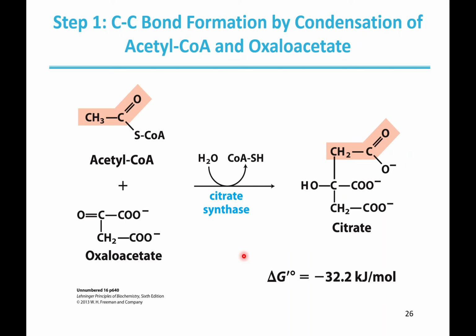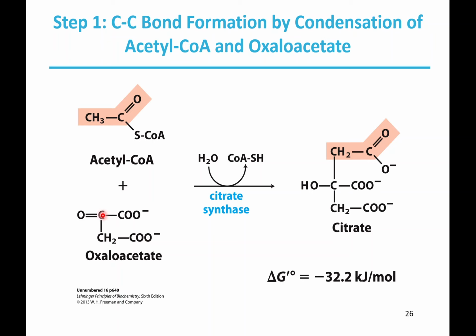Okay. So let's look at these in a little bit more detail. The first step, we're taking acetyl-CoA, that was our product from pyruvate dehydrogenase complex, and oxaloacetate, which is a 4-carbon molecule, has carboxylic acids on each end.